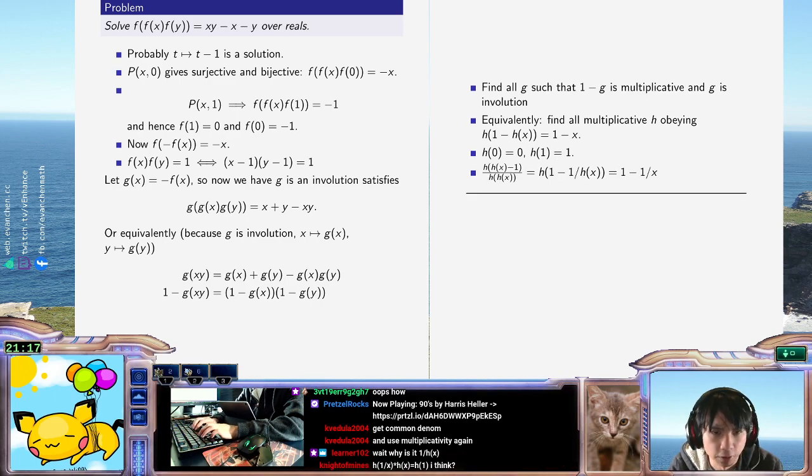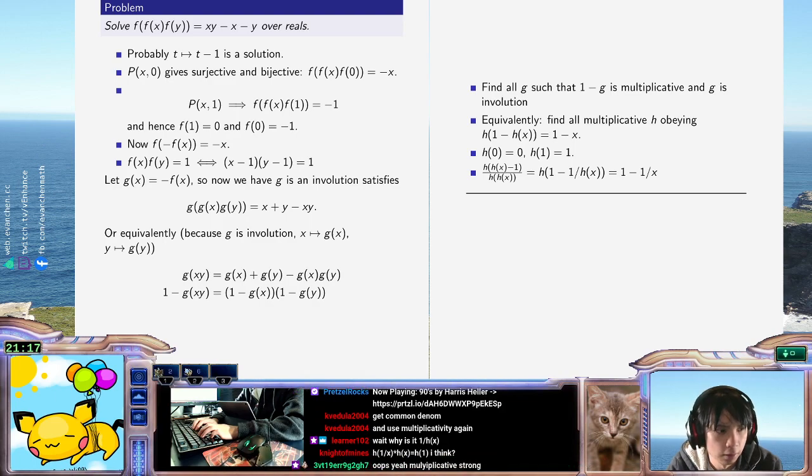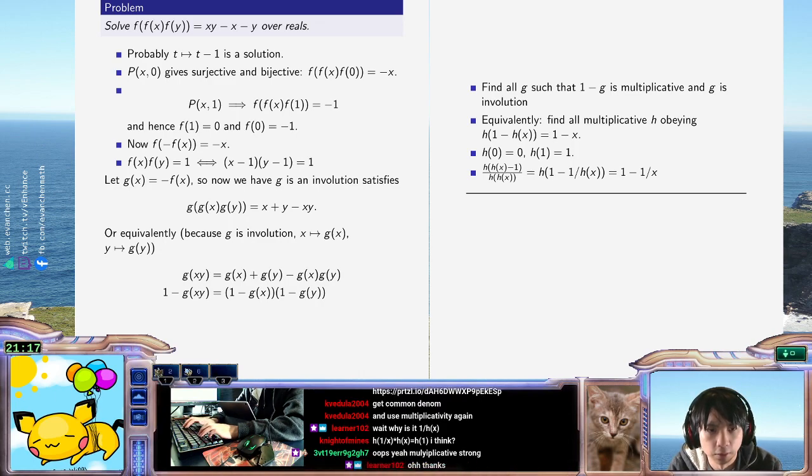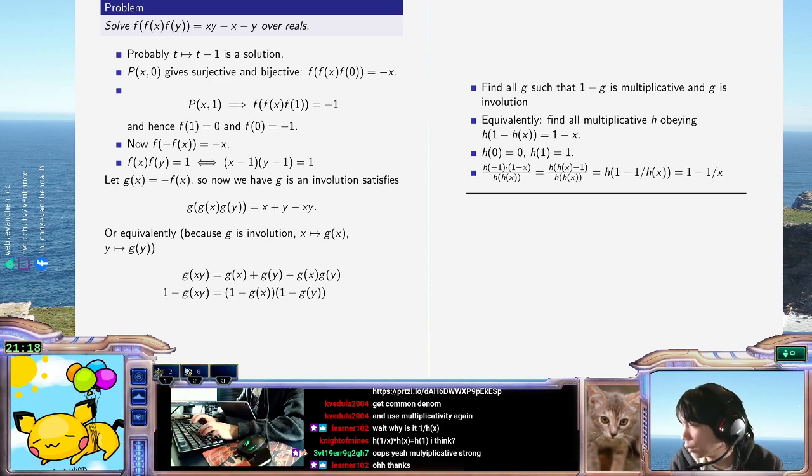Yeah, multiplicative is fine. So h of 1 is equal to 1 because g of 1 was equal to 0. So this is true. And the numerator is h of minus 1 times 1 minus x. That's such a weird manipulation.